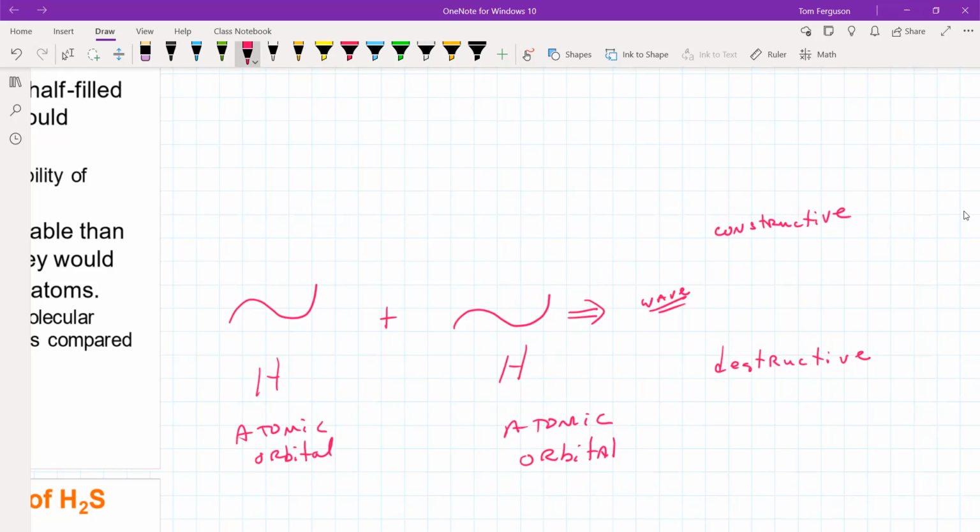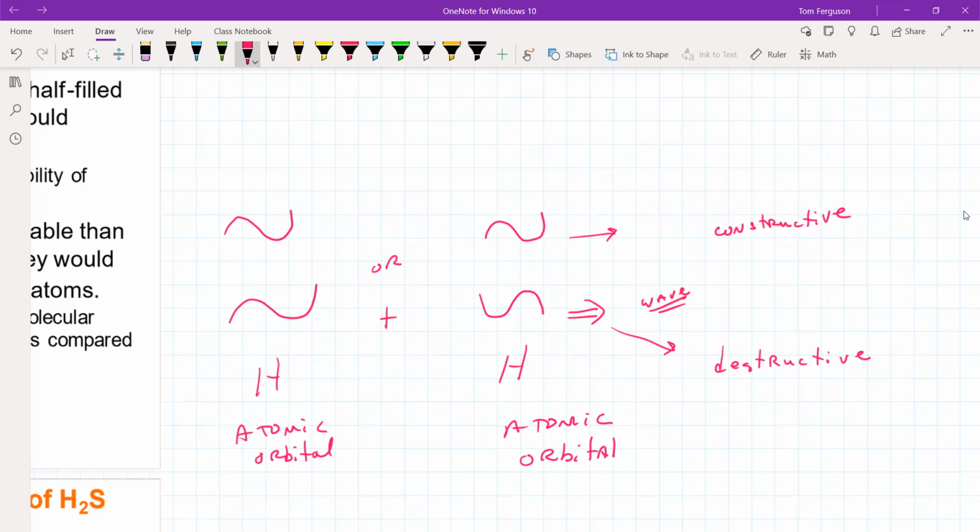So when you add them together, it depends whether they're like this or like that. In fact, let me swap those. So the constructive wave builds a new wave.